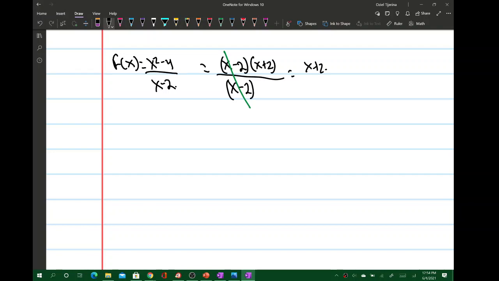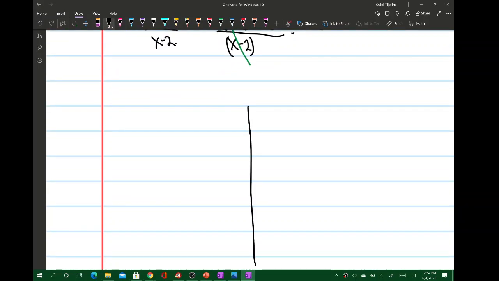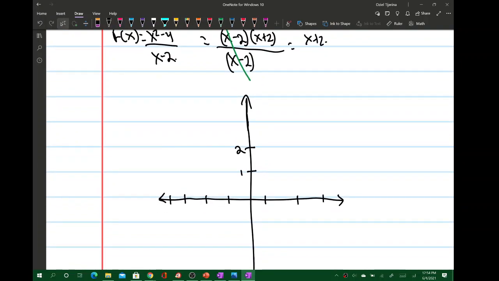Well, yes, but if you graph the function x plus 2, and this is just a rough sketch, I'm just doing this really quickly, you know that this is defined.